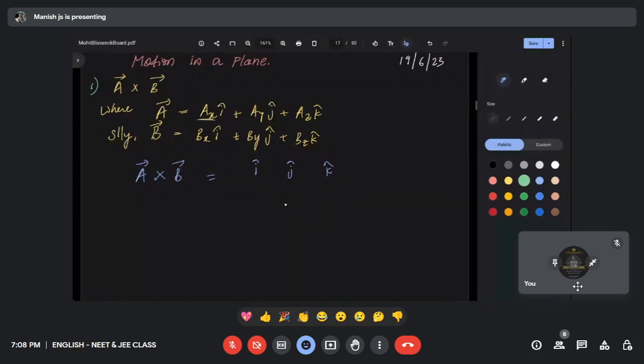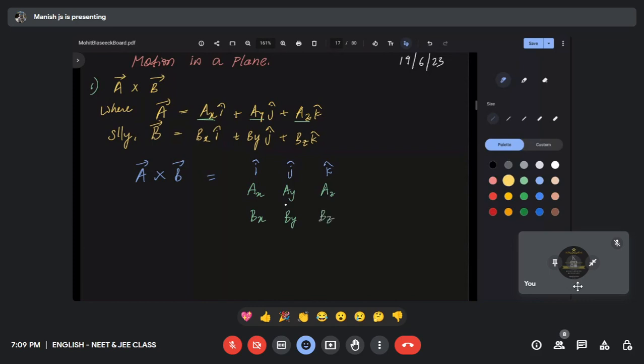As you can see, I cap component, J cap component, and K cap component for the first vector A. The component of I cap is AX, so I'm writing AX. The component corresponding to J cap is AY, and the component corresponding to K cap is AZ. Similarly for B, I'm going to repeat the same in order: BX, BY, and BZ.